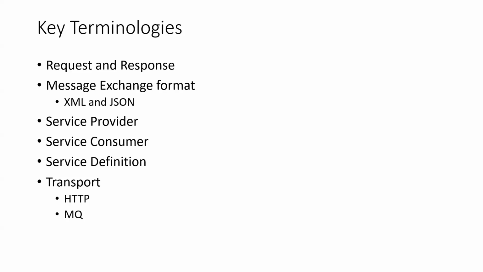To understand what is what, the request and response, I have to go and look into the API documentation, which is called service definition. The service definition is nothing but the API documentation where you can see what is the expected request from the service consumer and what response is coming from the service provider.